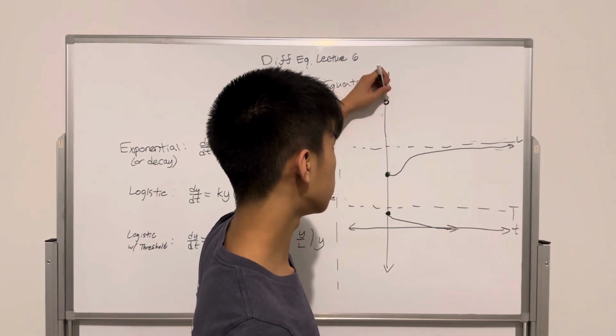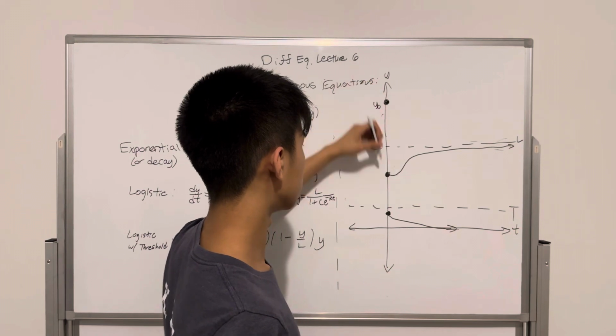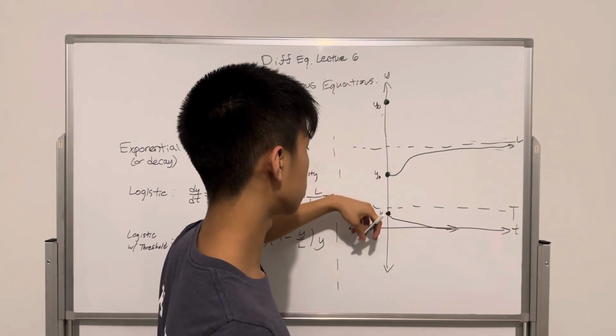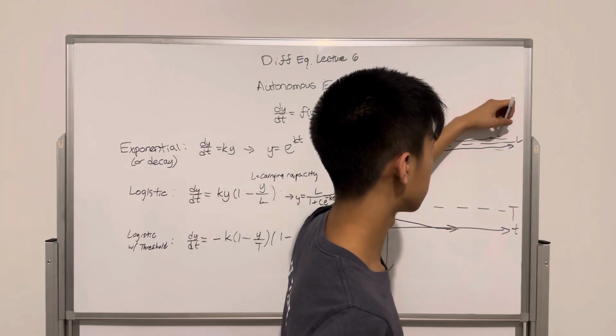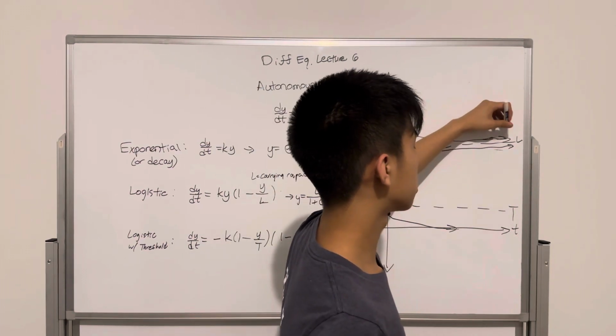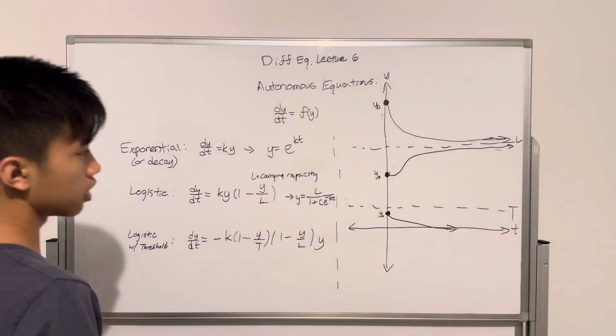And also, if you start off with too many monkeys, so these are all different initial values that you can start off with, if you have too many, it'll just approach the carrying capacity.